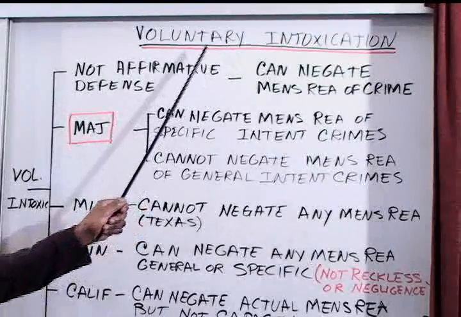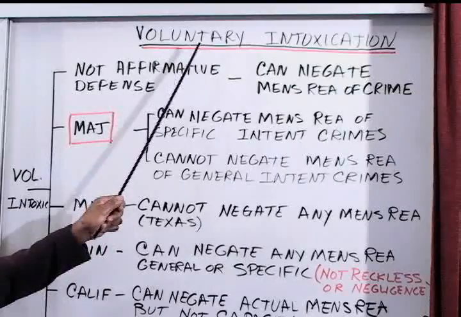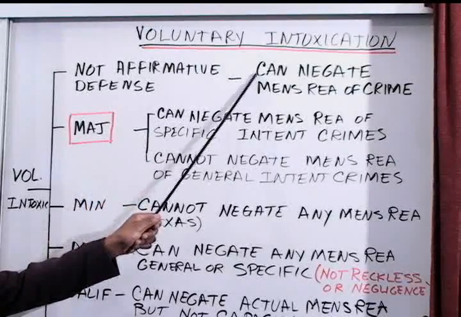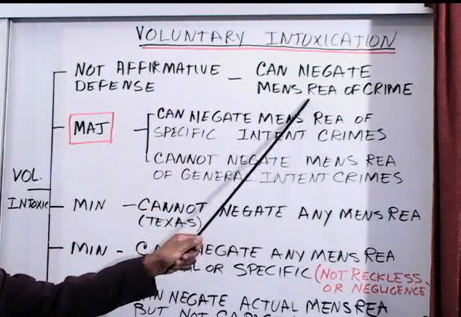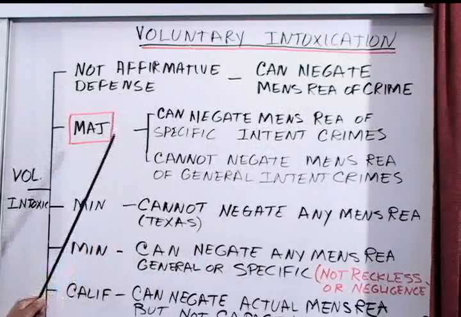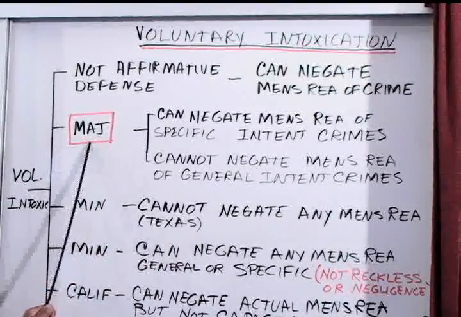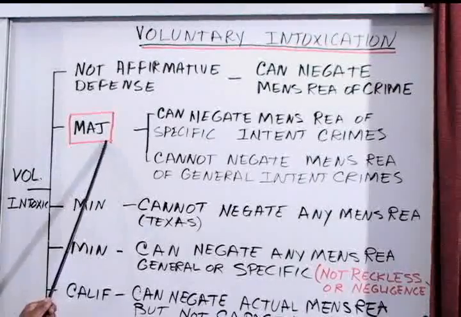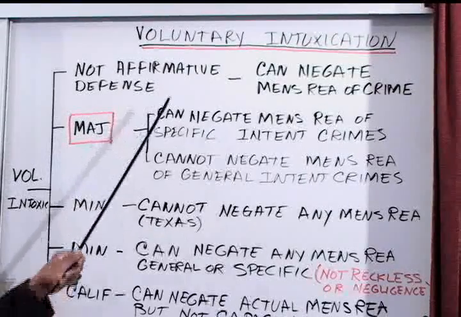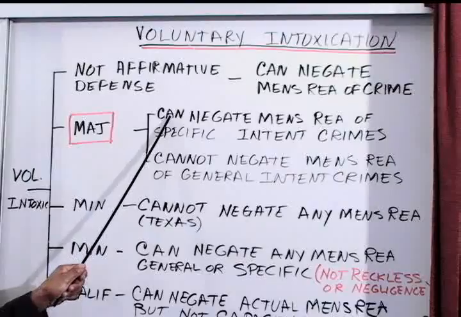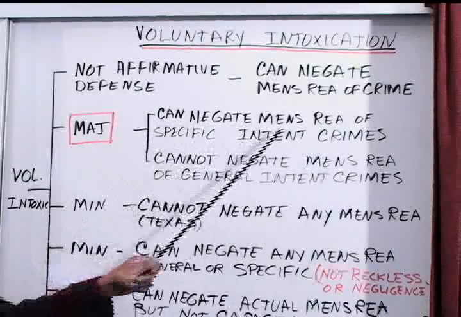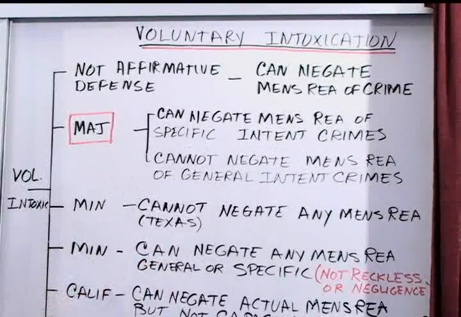But even though voluntary intoxication is not an affirmative defense, you can use it to negate the mens rea of the crime. The majority rule, and this is very important to mention on the bar, is that voluntary intoxication can negate the mens rea of specific intent crimes.